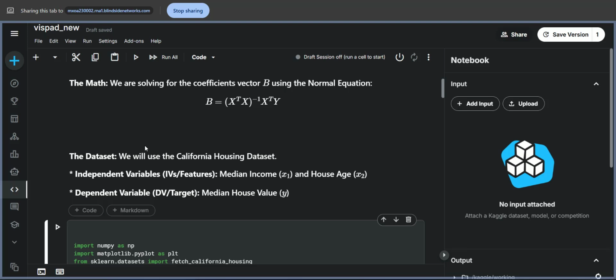We have some features for housing in California. The target is the price of the house, and for the features we have eight features, right? We have the house age, the median income of the population, right?